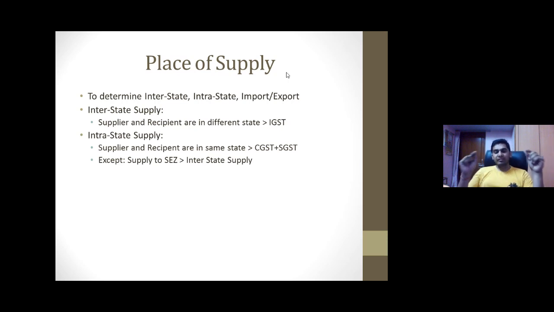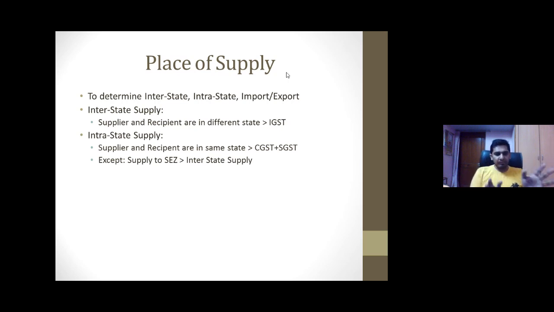If there is a special economic zone in your city and someone who is not in the SEZ, that is, outside the SEZ in the normal city area, supplies goods to a business entity situated in the special economic zone, in that case, this is treated as export, or I would say interstate supply.